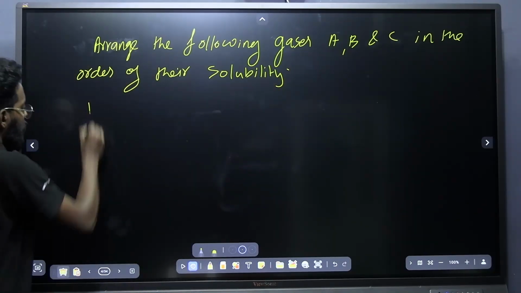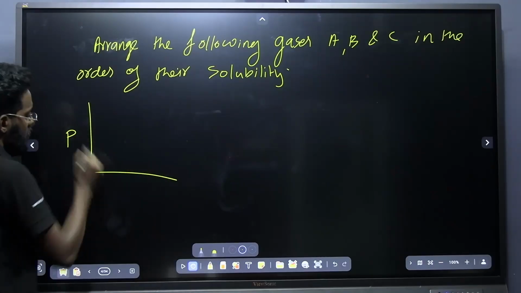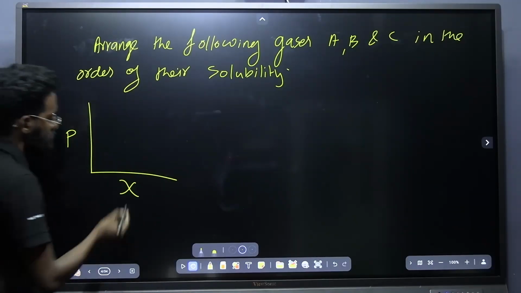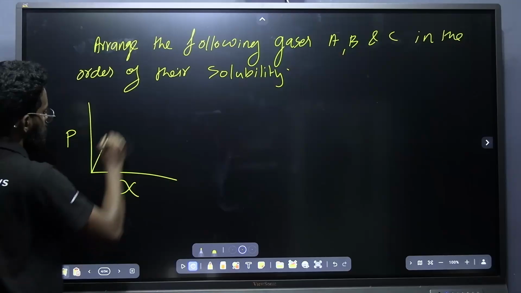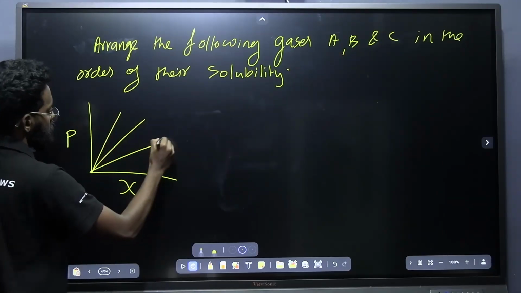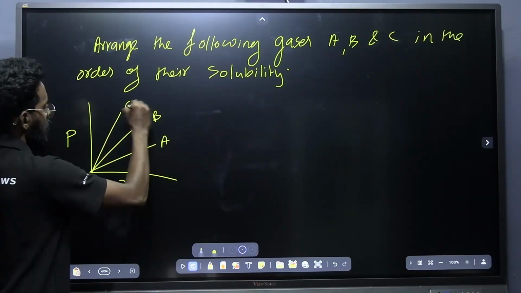The question is like this: they will give a graph of pressure versus solubility, and these are the graphical representations of the three gases A, B and C.